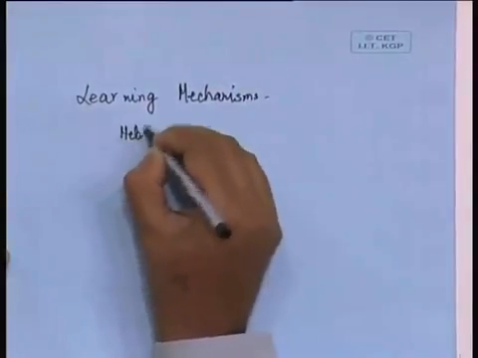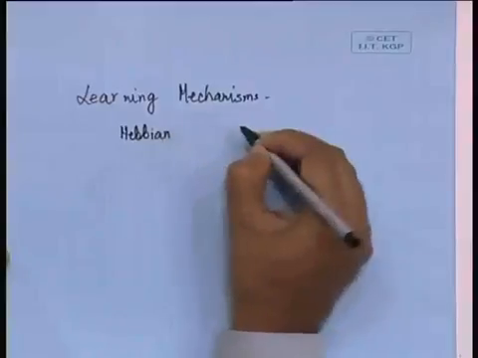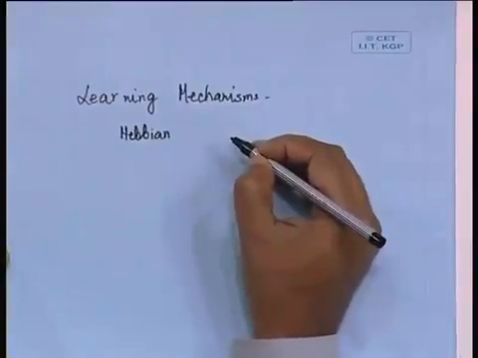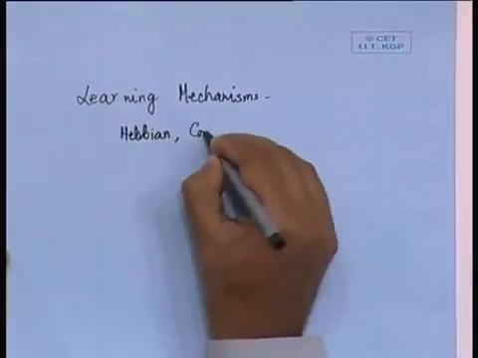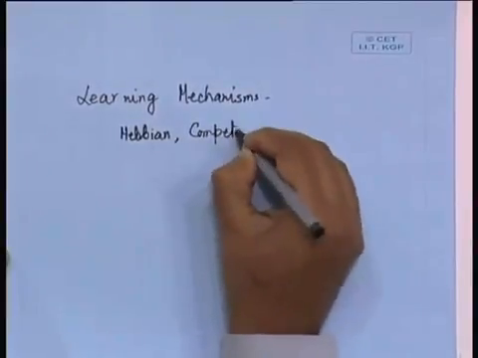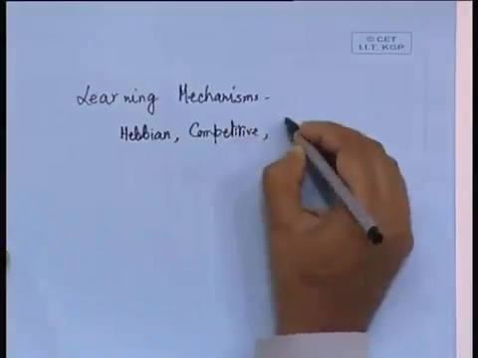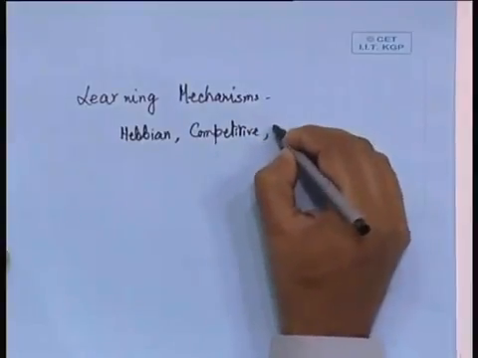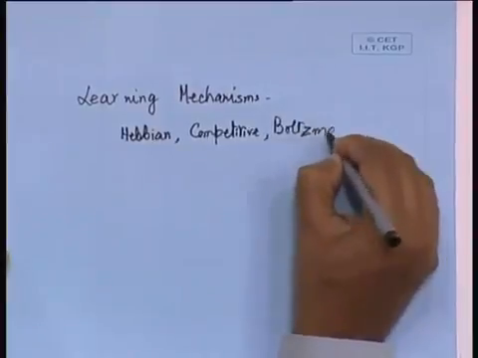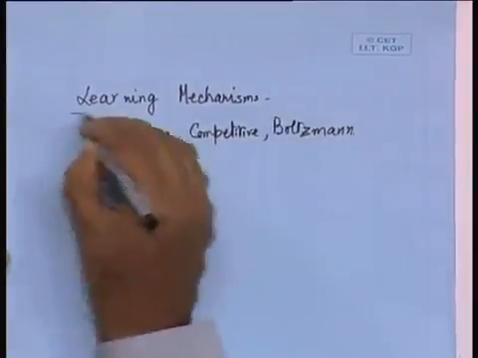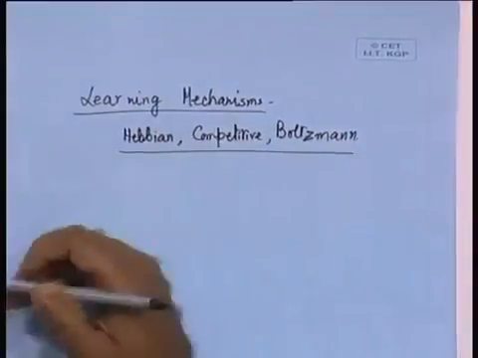One is the Hebbian learning, which we had left incomplete in the last class, and then we are also going to discuss the competitive learning, and finally the Boltzmann learning. So, this will be the scope of our discussion for today.